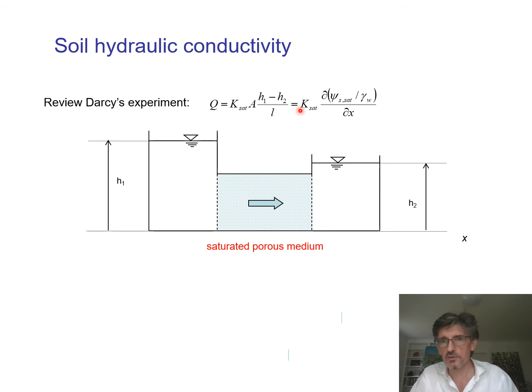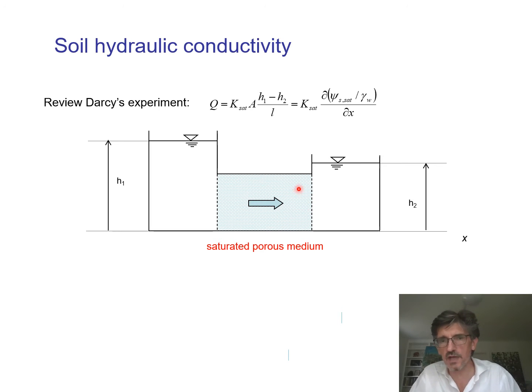So by multiplying by gamma W, we can rewrite this as the gradient d over dx, where x is this direction, of psi s sat, meaning the water potential of the soil in saturated condition. So this is Darcy's experiment expressed in terms of soil water potential in saturated condition.